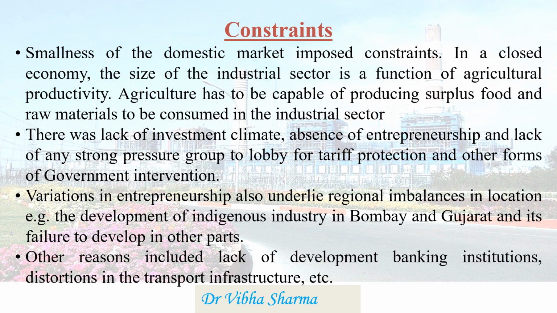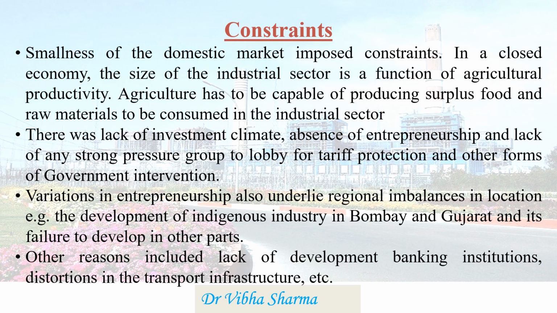Agriculture has to be capable of producing surplus food and raw materials consumed in the industrial sector. There was a lack of investment climate, absence of entrepreneurship, and lack of any strong pressure group to lobby for tariff protection and other forms of governmental intervention.